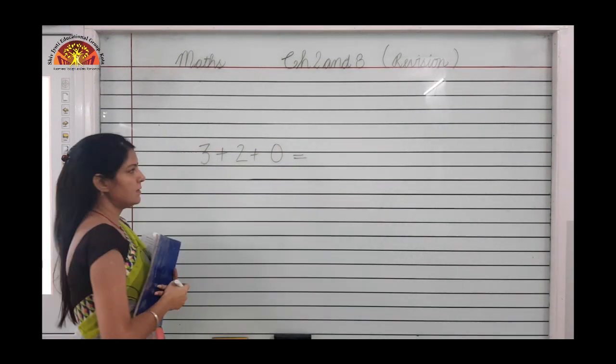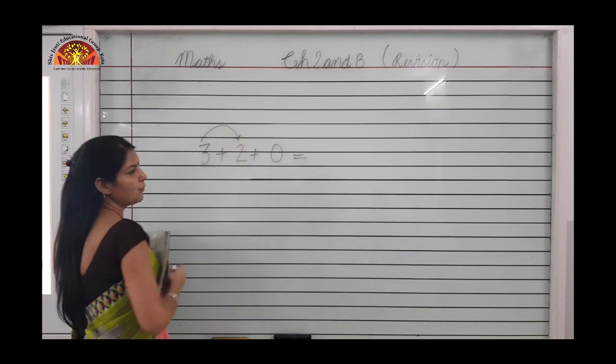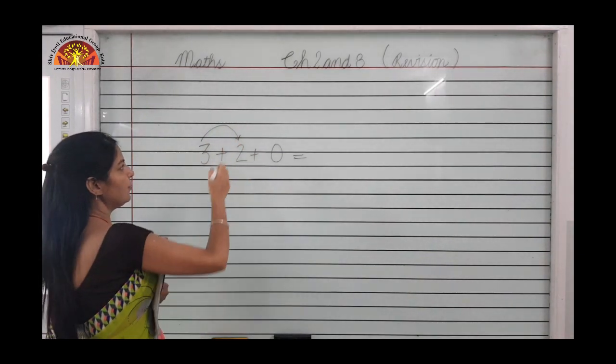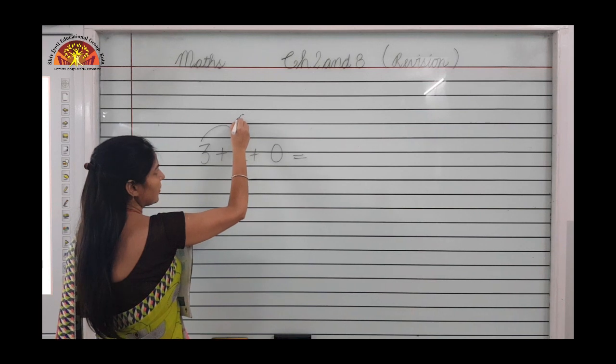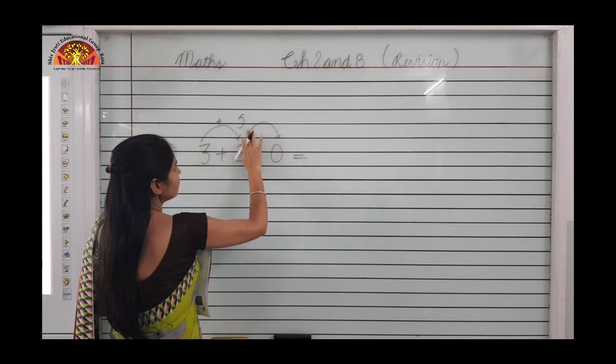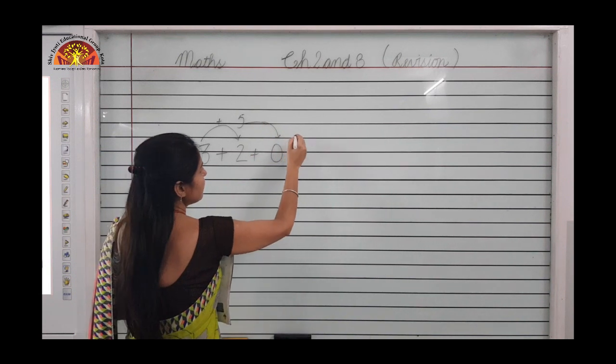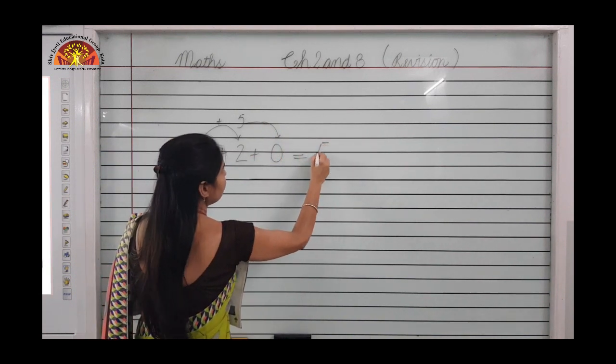Now we will add these numbers. First of all we will add these two. What will we get after adding these? We will get 5. And after getting 5 we will add these two.